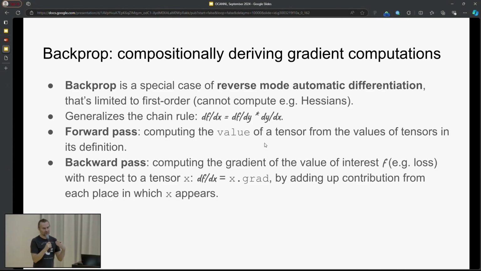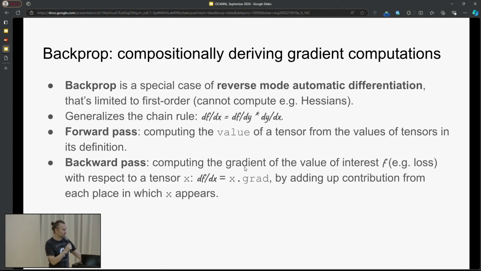In the computation of the gradient, we'll need the values of the sub-expressions within the tensor expression. So the forward pass is how you would compute an expression typically. And then the backward pass is how to derive gradients.